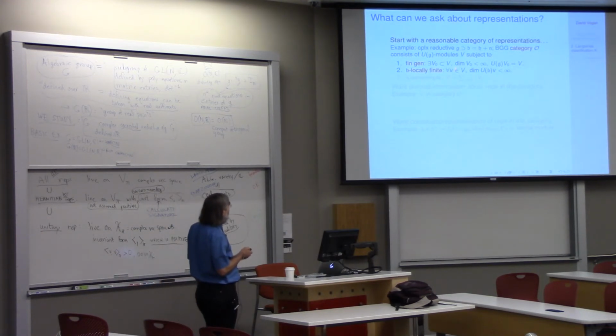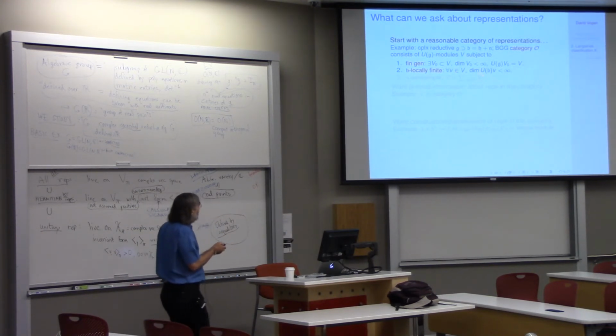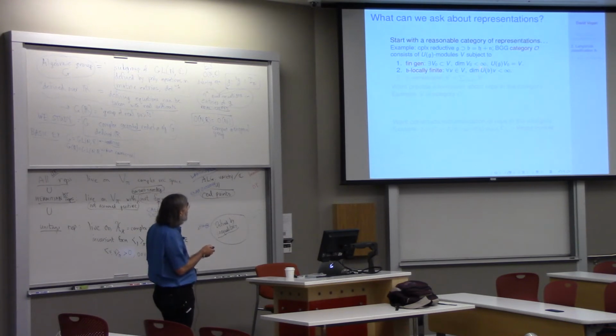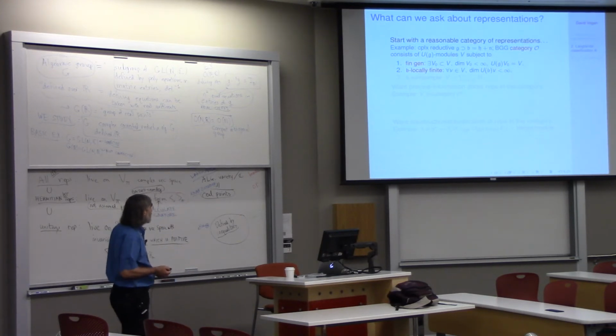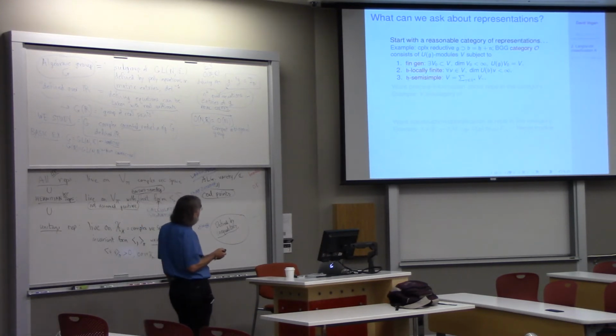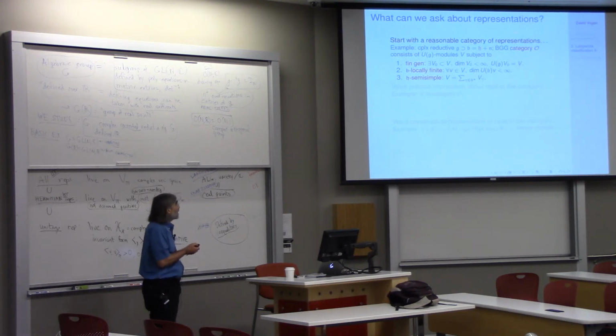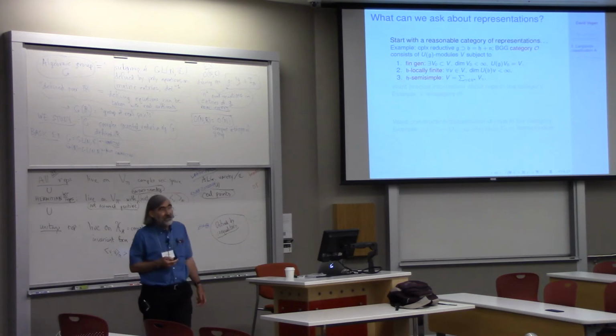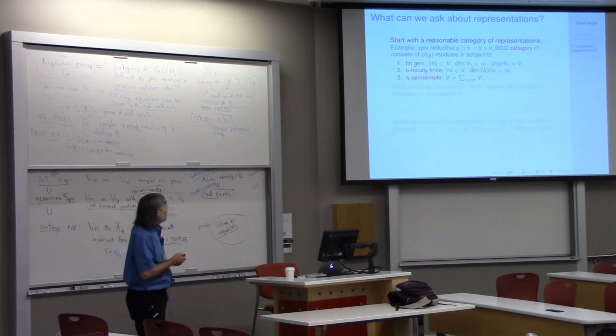That means that if you take anything in V and apply the enveloping algebra of the Borel subalgebra, you get a finite dimensional space. The third requirement is that the action of the Cartan subalgebra h is semisimple.